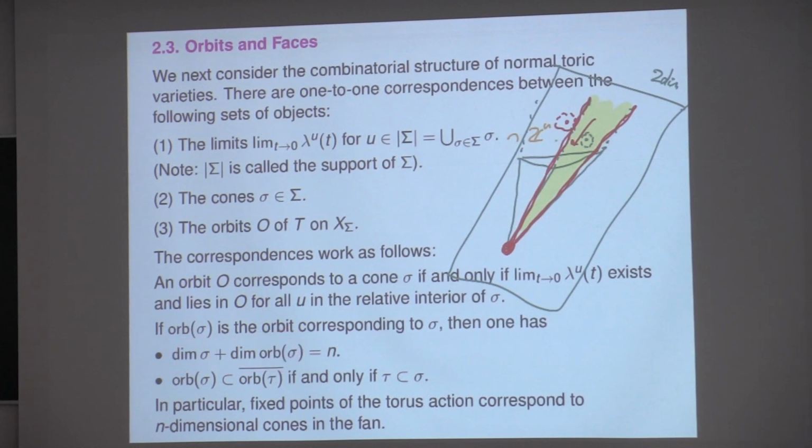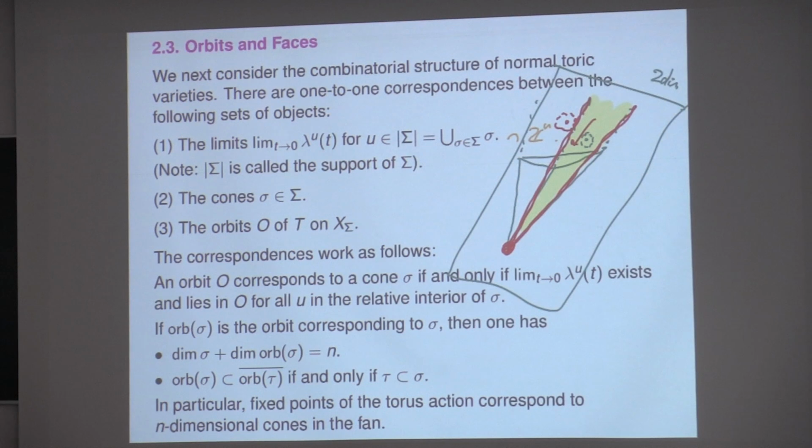This one is 0 if and only if this one is n. So if you look at your fan and you identify the cones of dimension n, it's telling you the number of invariant points, of fixed points under the torus action. And then there is also this nice thing over here.